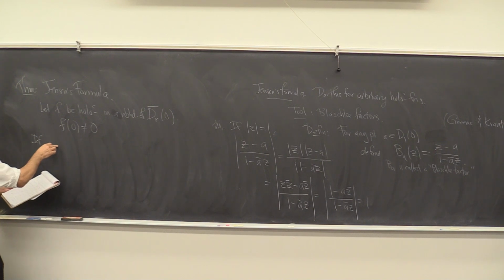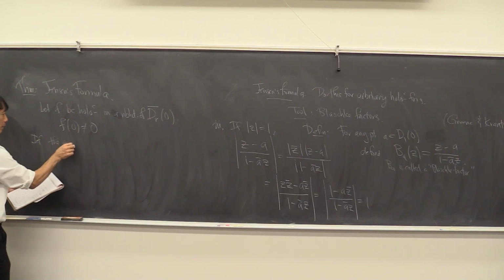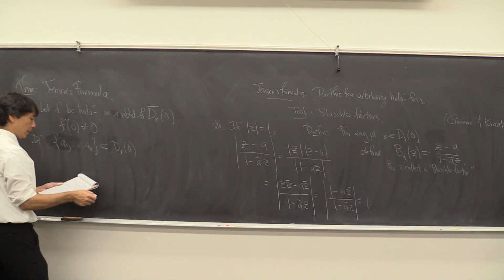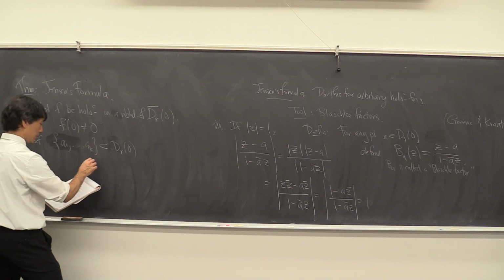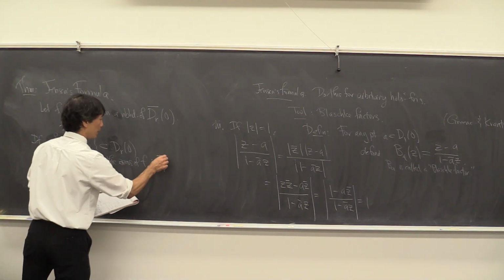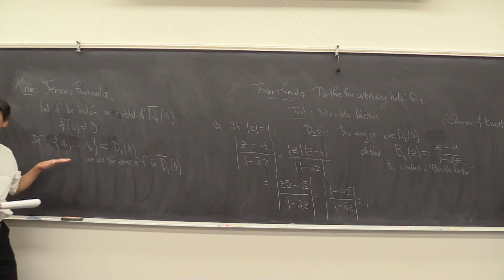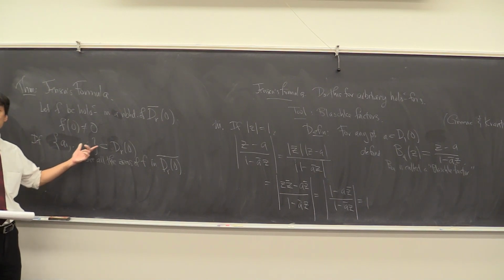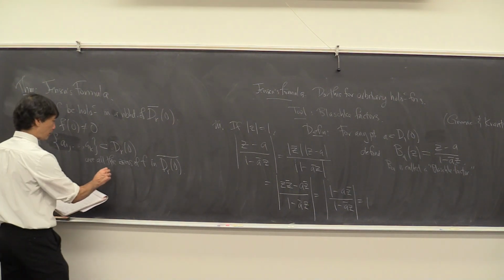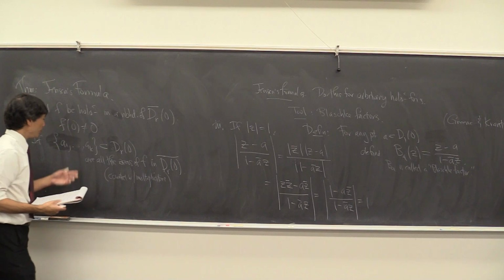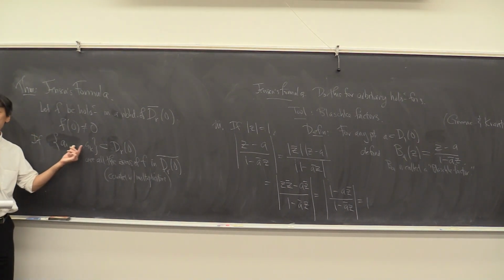If the set a1 through ak contains all the zeros of f in the closed disk, so there's nothing on the boundary, no zeros on the boundary, and these are the only zeros inside the interior, counted with multiplicities.